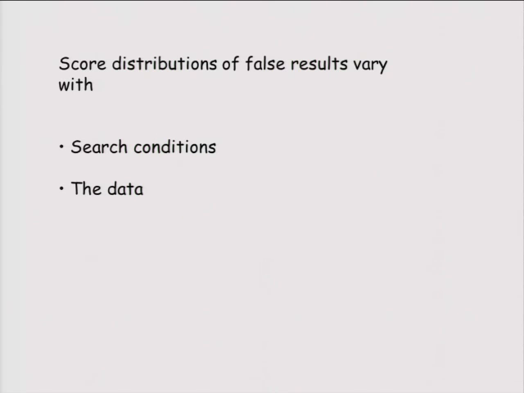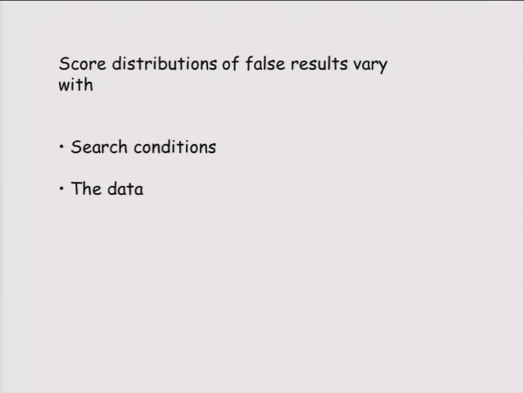The score distributions for false results may also move around. They depend on the search conditions. For instance, they depend on the size of the sequence collection that you're searching. They depend on the mass accuracy, and on the assumption about the number of missed cleavages.